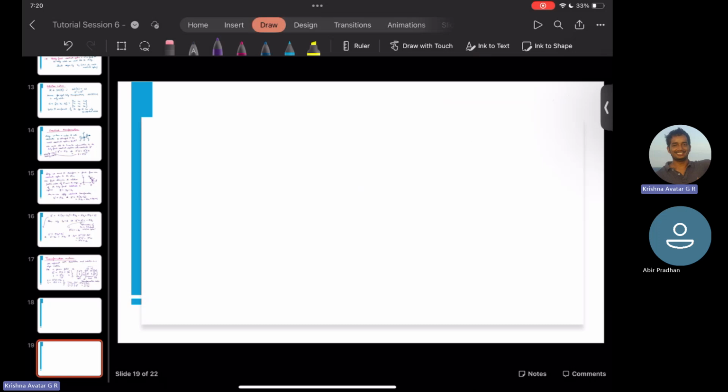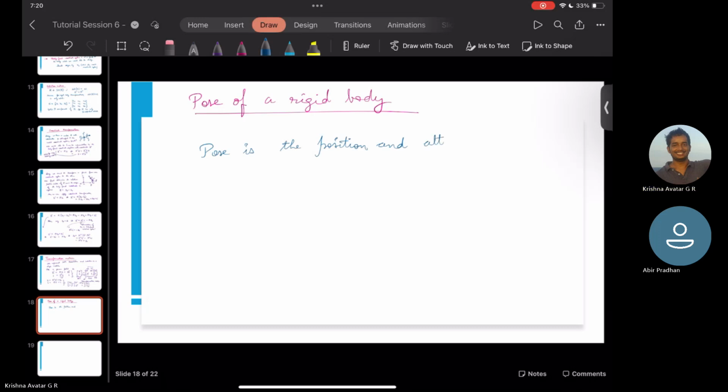Now let's talk about the pose of a rigid body. The pose is the position and attitude of the rigid body.